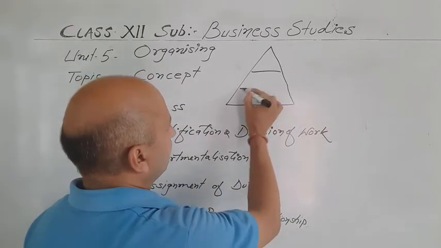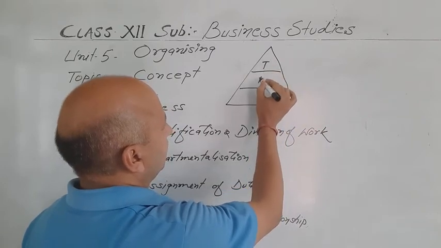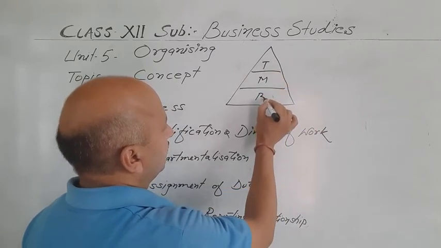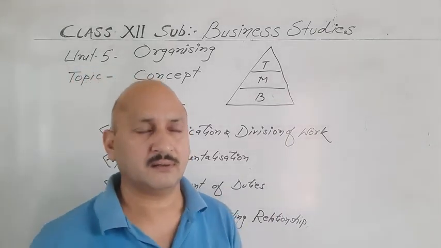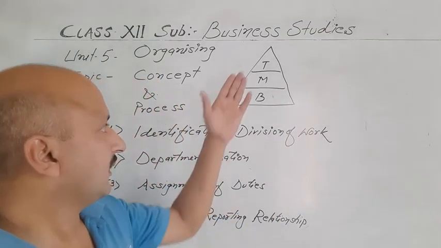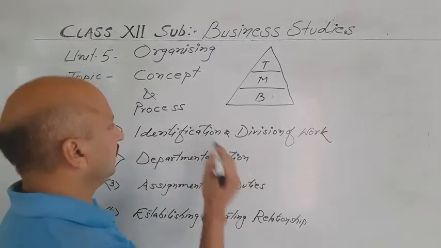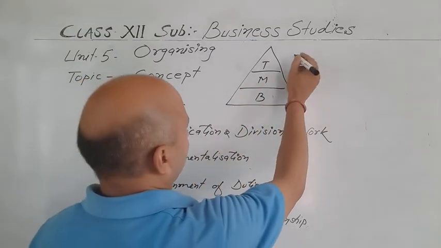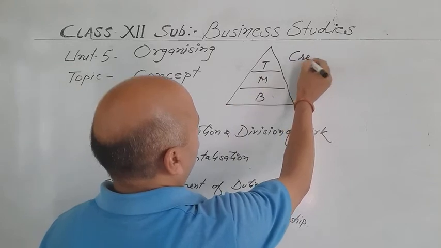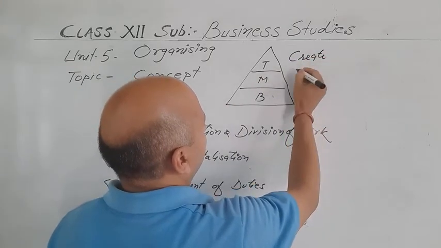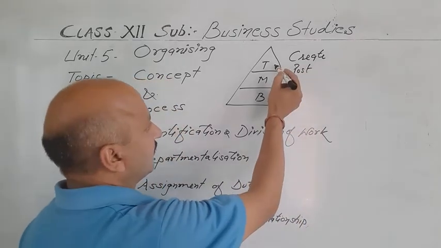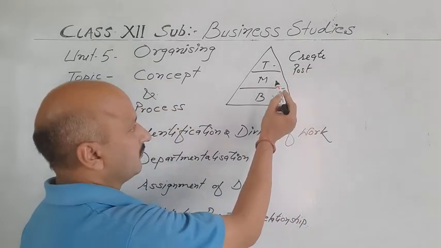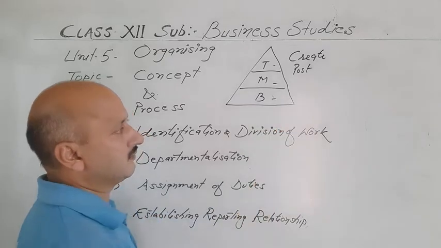You all know that this is the top level, middle level, and bottom level, or we can say supervisory level. In this organizational hierarchy, we have to create posts. We have to create various posts: who will be at the top level, who will be at the middle level, and who will be at the bottom level.